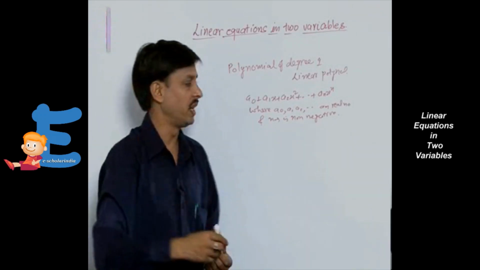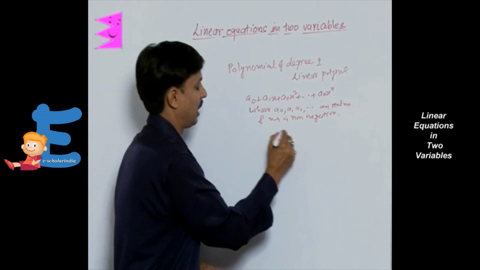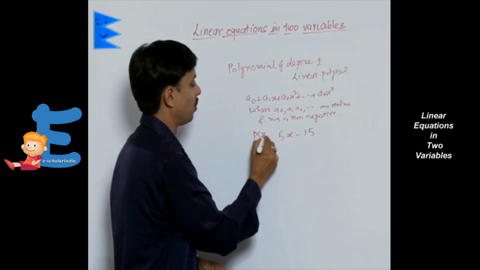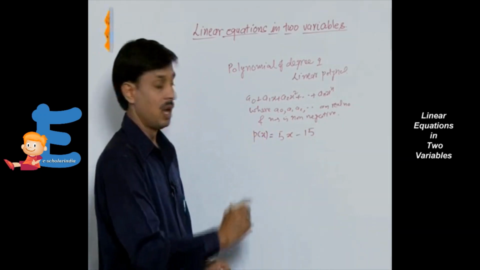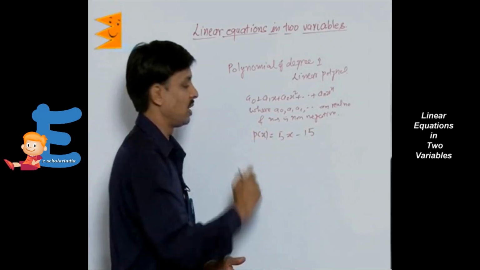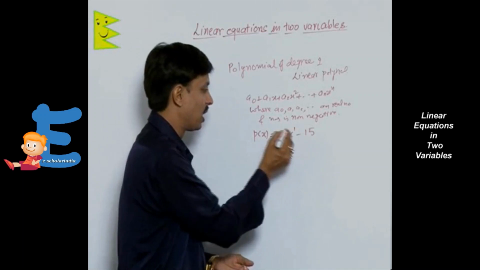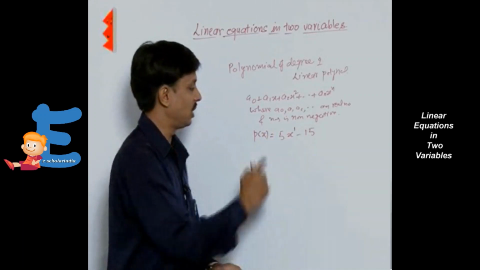Suppose I write 5x minus 15, which is a polynomial in x, and the power of the variable x is 1.